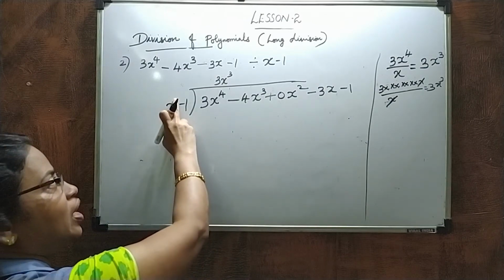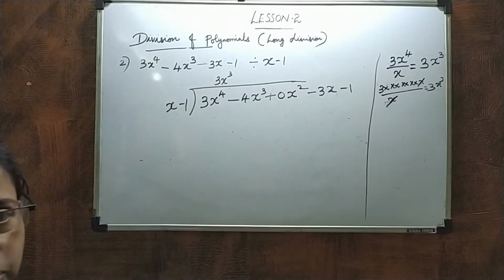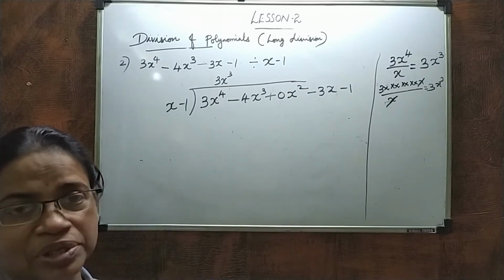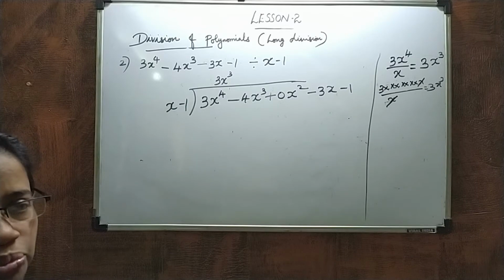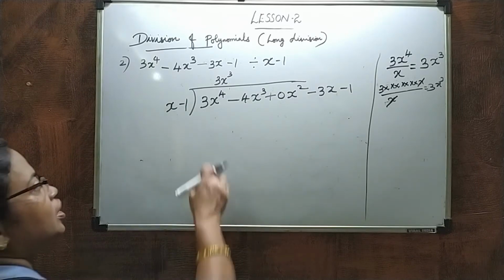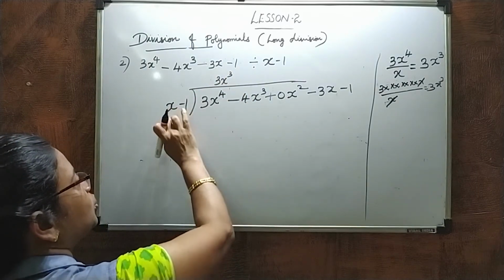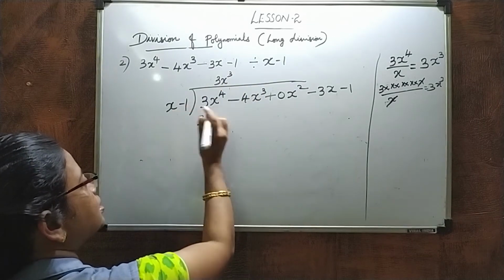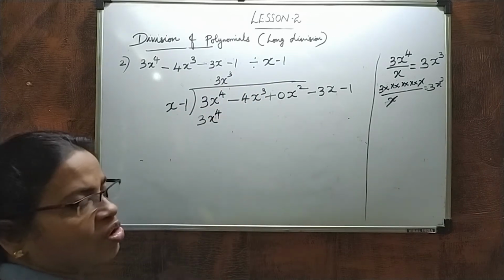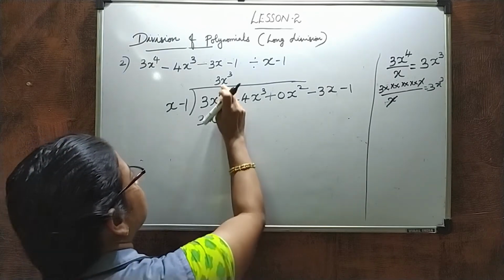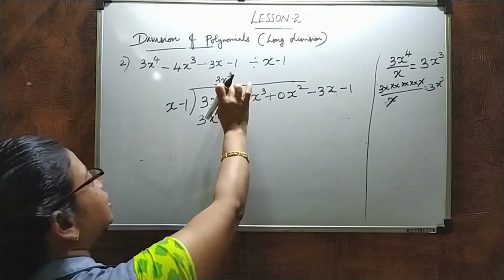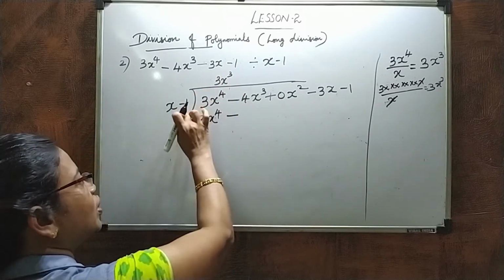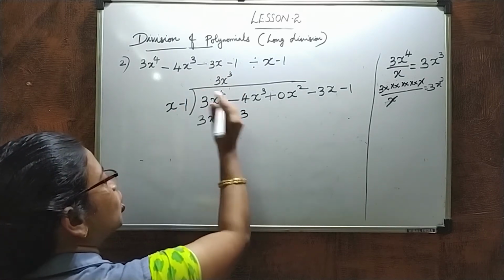Here 1, here it is 0. So that also is not missing. Again, if anything is missing you have to write it with 0. Okay. Now, multiply 3x cube into x, it is 3x raised to 4, for the first term always it will be the same. Next one, minus 1 into 3x cube, minus 3x cube.